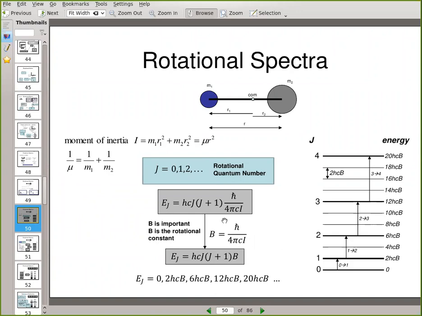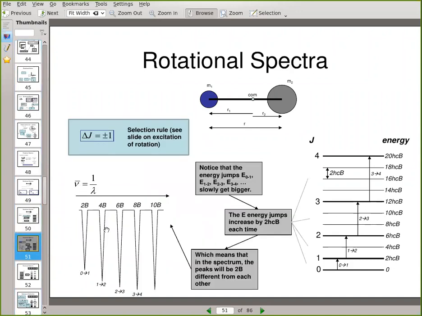You can calculate the inertia simply by looking at the rotational spectrum and knowing that the distance between the bands is 2B. So you can calculate the moment of inertia directly by looking at the spectrum. Okay. So I will detail exactly how we use the energy expression in a couple of slides' time.